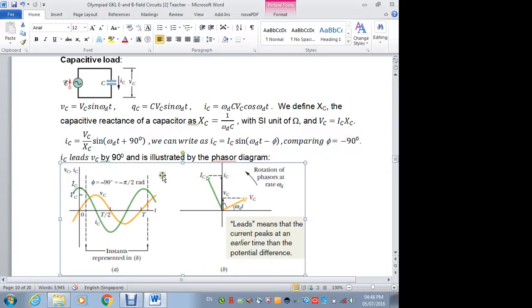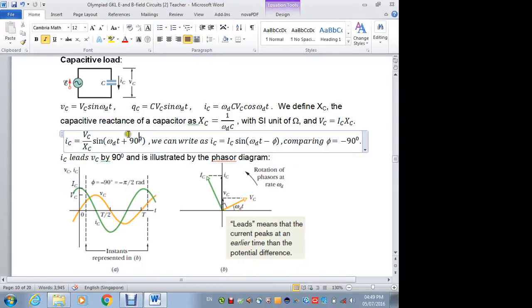Okay, VC is this one, the normal one like we had just now. Oh, okay, I know why. Because our general result is IC is sine omega t plus 90. When you see a plus here, plus 90, it means no need to do anything.